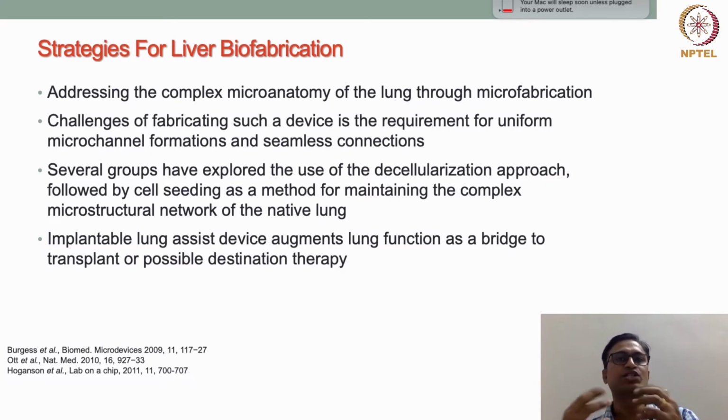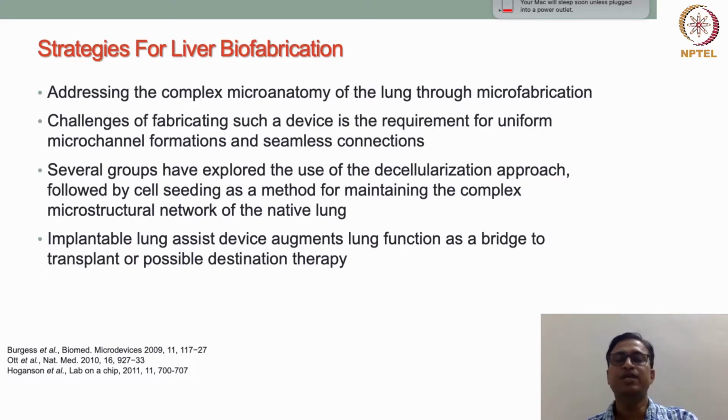The remaining thing is the extracellular matrix component, with the typical branching microarchitecture still present, but the cells will not be there. That is the decellularized lung tissue. Followed by that, the cells typically present within that tissue are seeded back into the decellularized tissue.